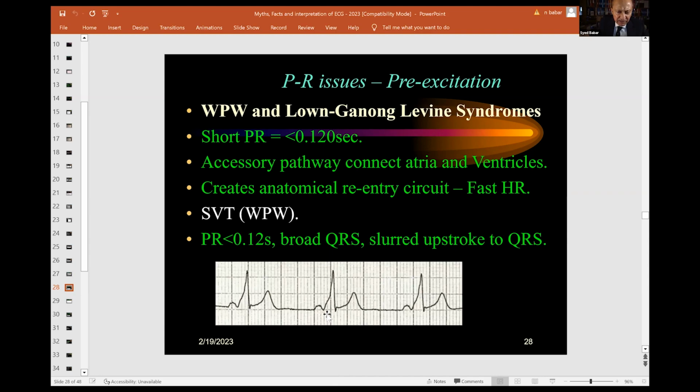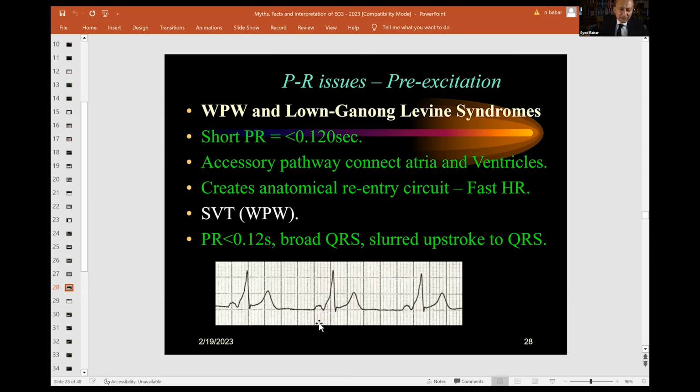The PR interval is actually about 0.12 seconds, and so this is a short PR followed by an upslurred part of the QRS complex. And the QRS complex is slightly wider than usual.